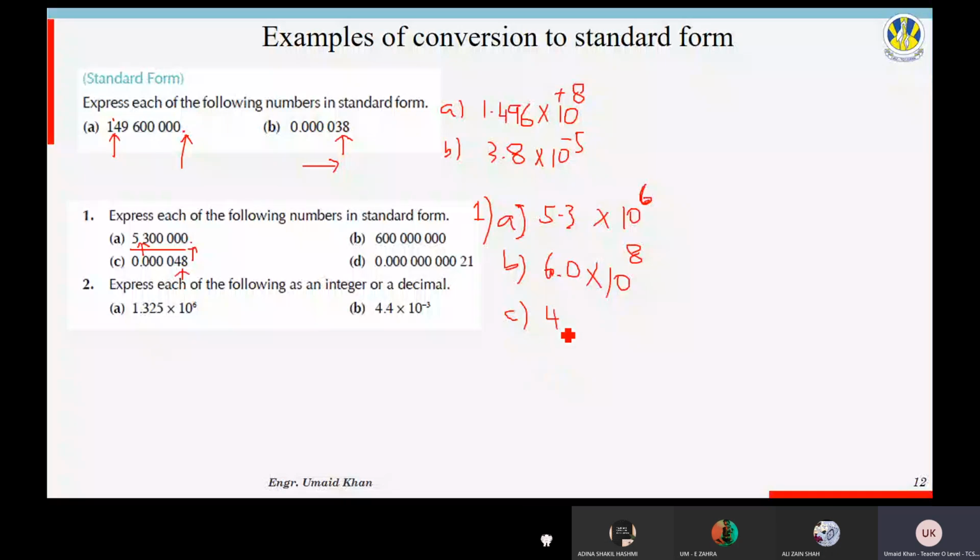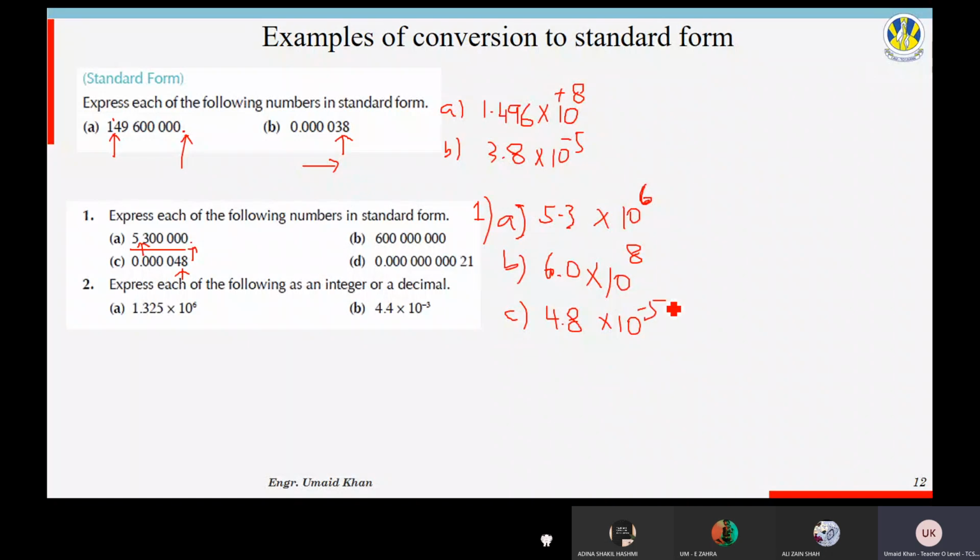It will be 4.8 multiplied by. Now the power of 10 will be positive or negative? Negative. Yes, Hadia, now the power will be negative. Thank God you are responding. So what will be the power of 10? Negative 5. Yes, negative 5.